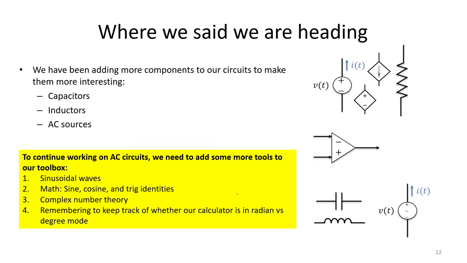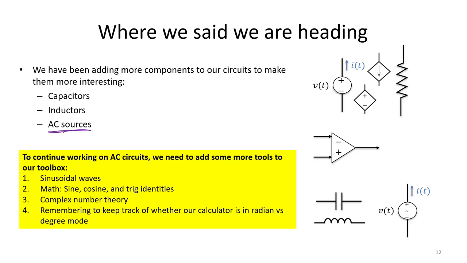So just a reminder, let's review where we are heading. Over the past few videos, we've been adding more components to our DC circuits to make them more interesting. We've talked about how to solve circuits with capacitors and inductors. And now we want to start focusing more on AC circuits. But in order to do this, we need to add a few more tools to our toolbox.